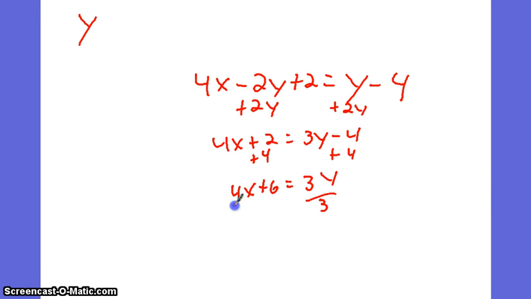Divide by 3 on both sides. That equals 4x divided by 3 plus 6/3, which is 2, equals y. Because I would have 6 over 3 right here, I could know that that's 2. So I can easily solve that problem.